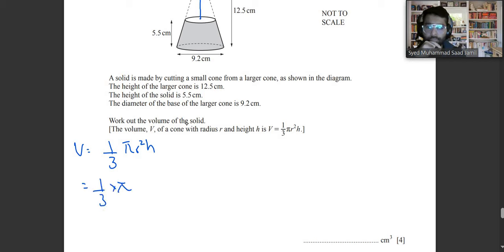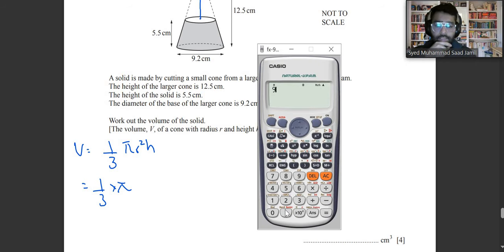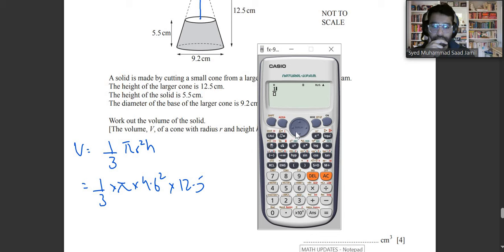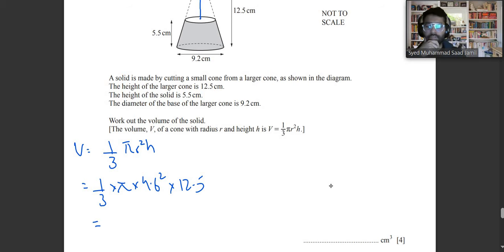Sorry, the diameter is 9.2, so r is going to be 9.2 divided by 2, 4.6 squared, multiplied by height 12.5. 1 upon 3 multiplied by pi multiplied by 4.6 squared multiplied by 12.5. It's 529 pi upon 6.